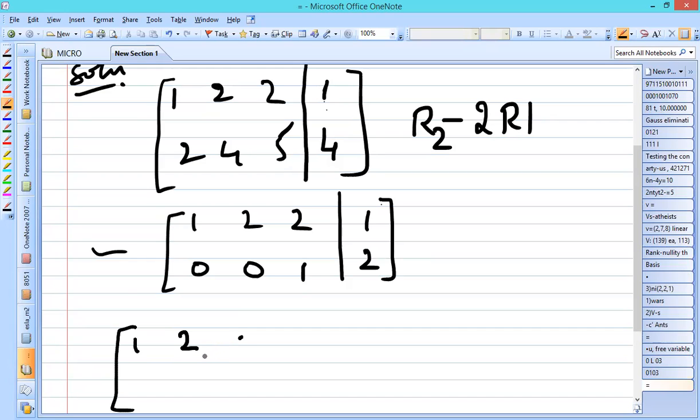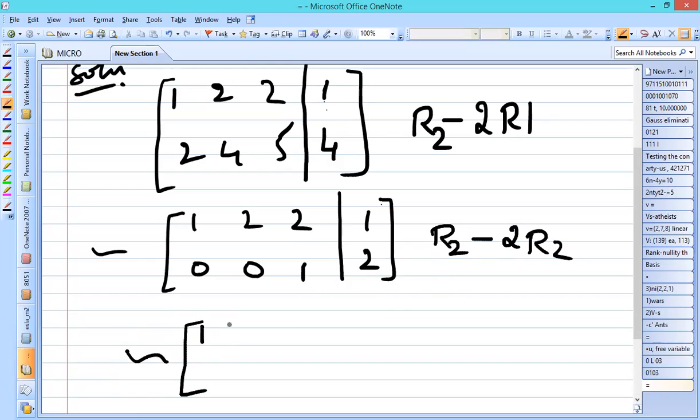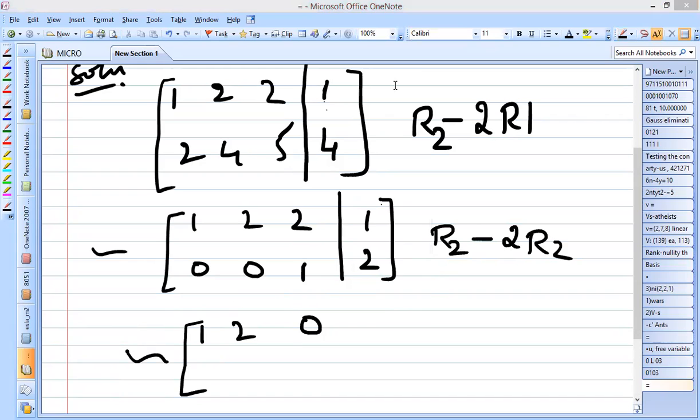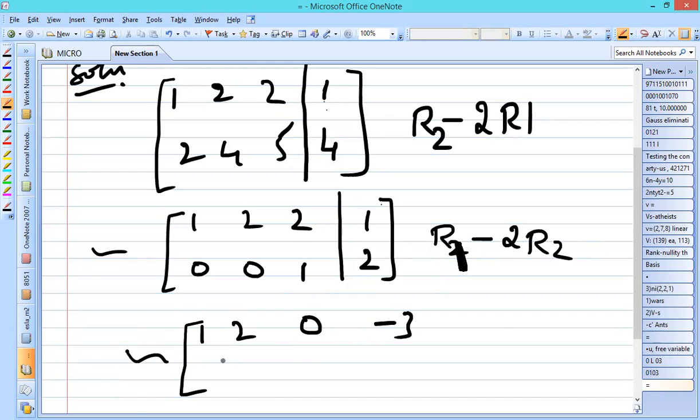I just want to apply one more transformation, since there is a chance of getting 0. So I'll apply R1 minus 2 R2, changing the elements of R1. So 1, 2, 0, minus 3, and the second row remains the same: 0, 0, 1, 2.